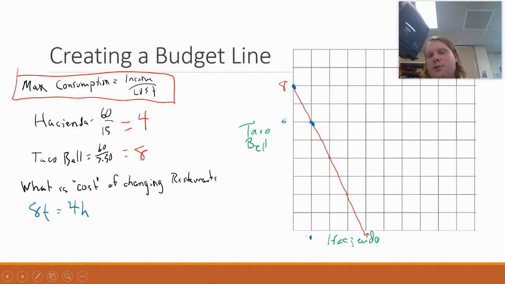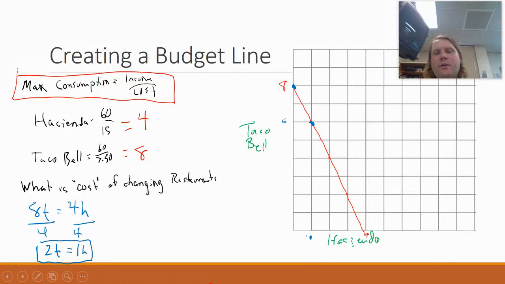If I want to figure out to go to Hacienda one time, I got to get 1H right here. So to get 1H, I divide this side by 4, and now I have 1 Hacienda equals 2 Taco Bells. Always put a box around that so I know that that's your final answer. And studying for the test too, they're going to know that as well.